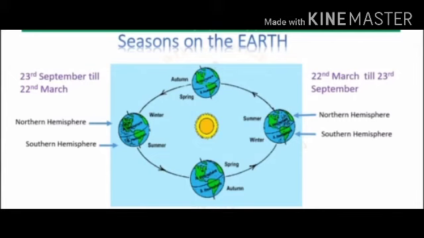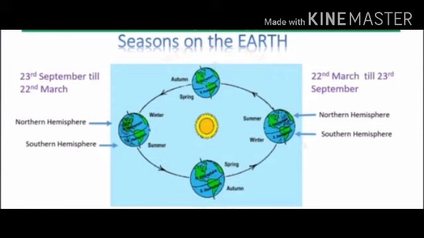Now students, this inclined axis is responsible for the seasons of the earth like summer, winter, spring, autumn. It means that the daytime and the nighttime are not equal in length and duration. That means sometimes the day is longer than the nighttime and sometimes the nighttime is longer than the daytime.